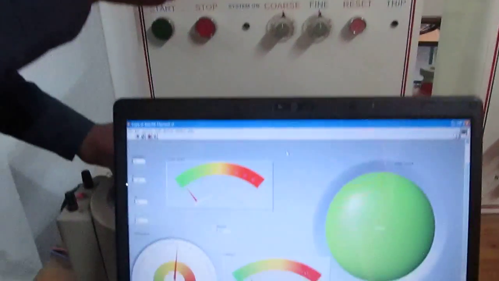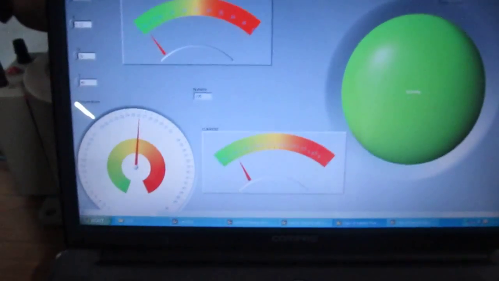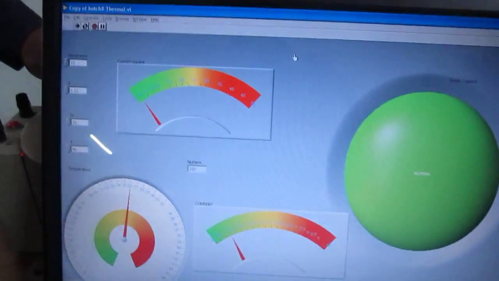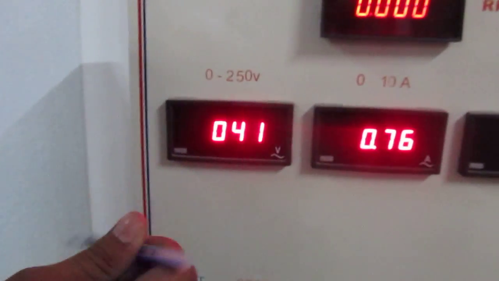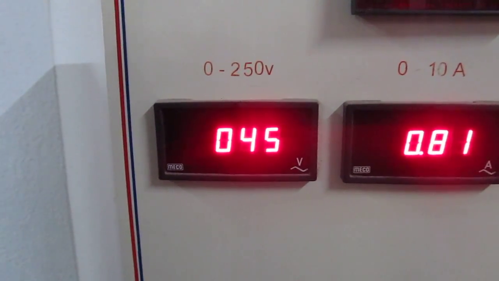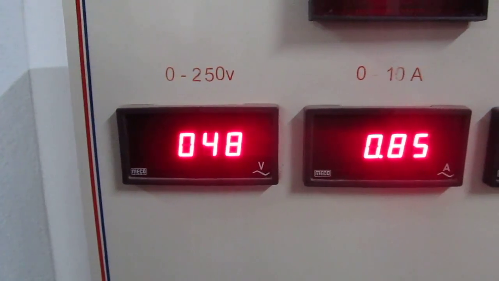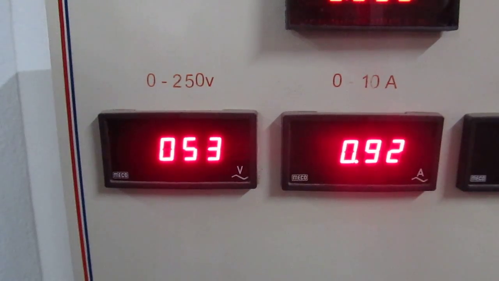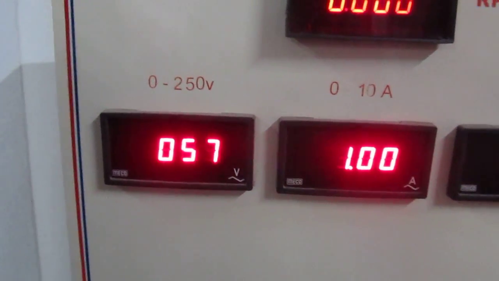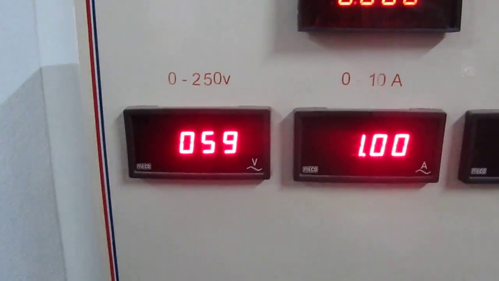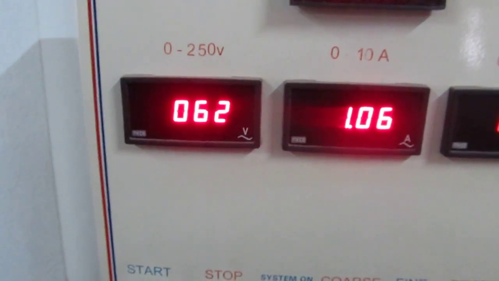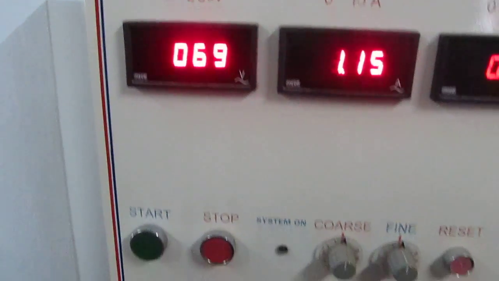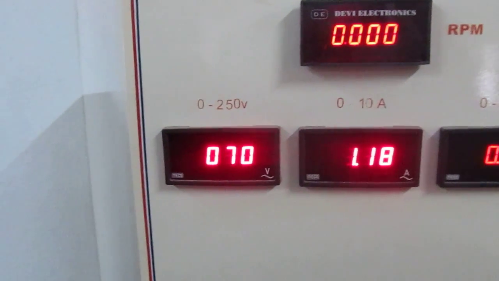I am gradually applying voltage. I am gradually increasing the applied voltage to the motor.